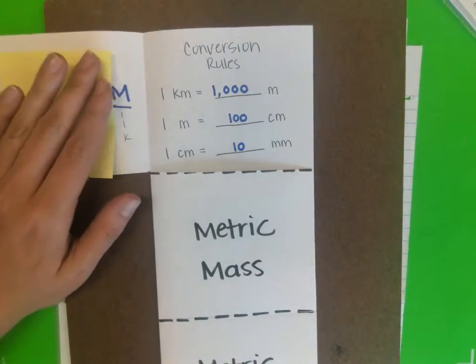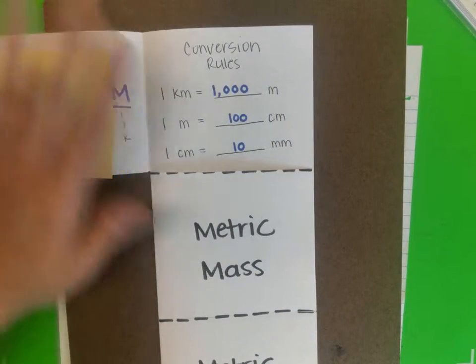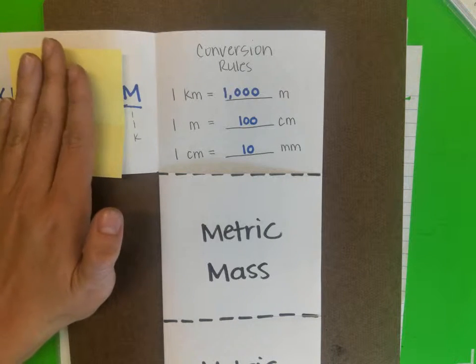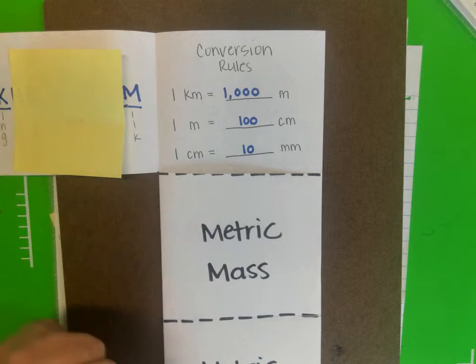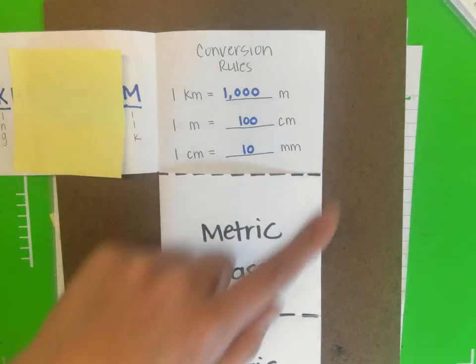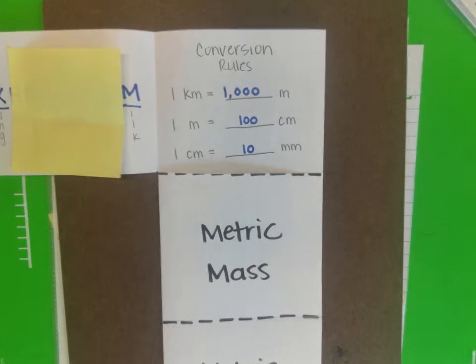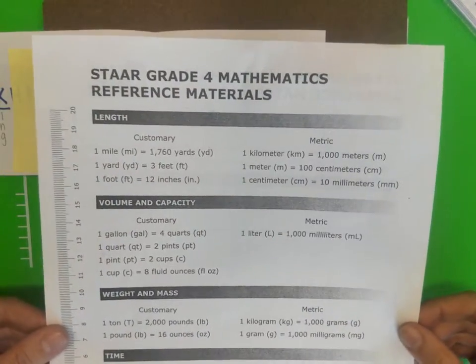Now, our conversion rules. I'm going to talk to you about this side whenever I come back on Tuesday as well. It's going to be another way that we're going to convert in the metric measurement system. But for right now, I just want you to copy down the conversion rules for metric length. You can also find this information on your star chart.